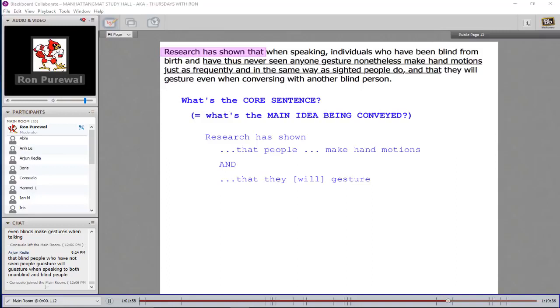That's the main sentence. Give me a smiley face if this makes sense. Those two things are of equal priority. They have to be, otherwise they could not be parallel.